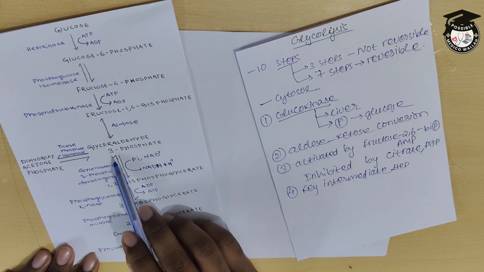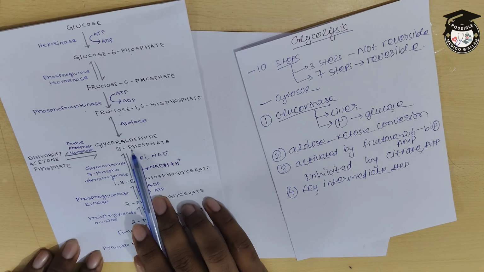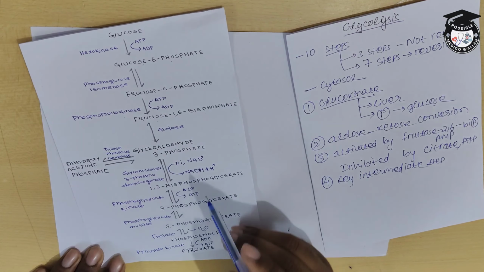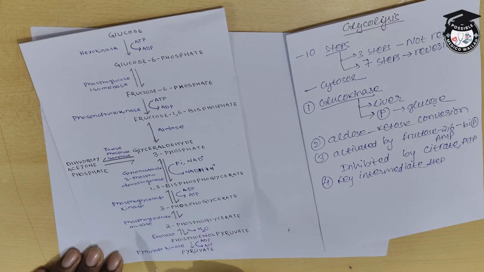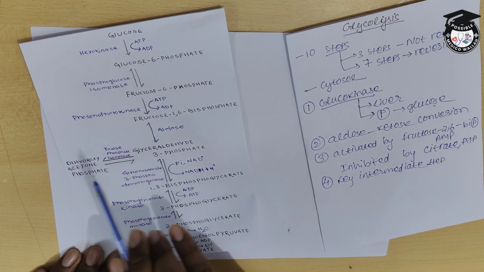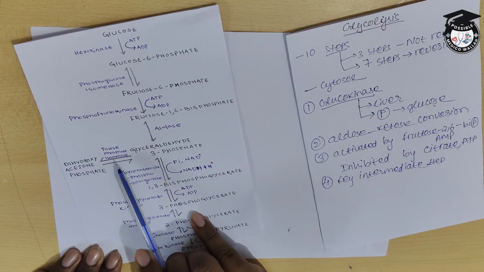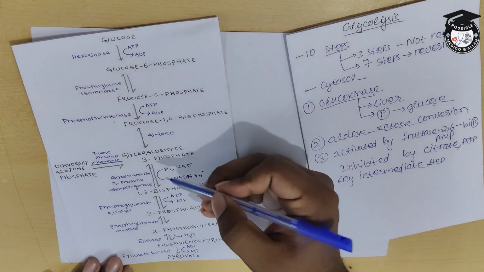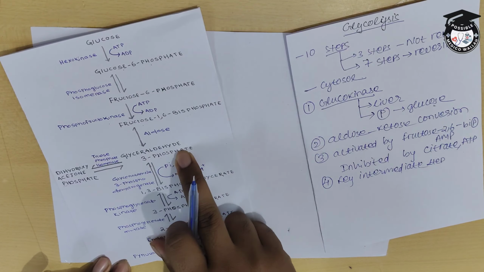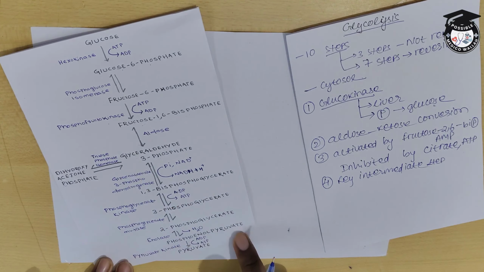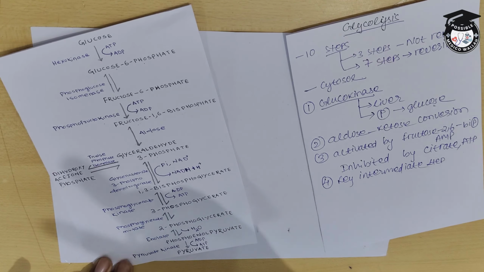Then we require only one type of triose for glucose breakdown, that is glyceraldehyde 3-phosphate. So dihydroxyacetone phosphate is converted to glyceraldehyde 3-phosphate by triose phosphate isomerase. Then we get 2 glyceraldehyde 3-phosphate, which means everything from here is in twice.